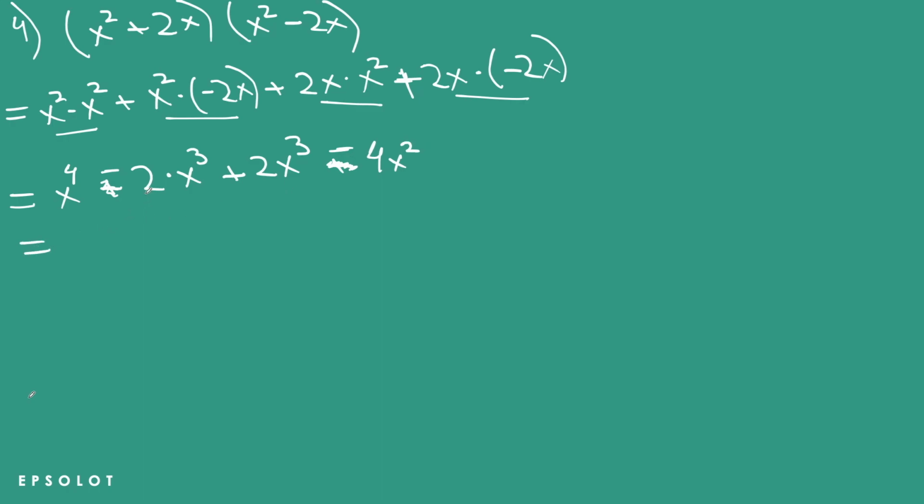Now since these two expressions are the same, but one of them is a negative and one of them is a plus, just like how plus 4 minus 4, you put them together, you get 0, they cancel each other out. So you get x to the power of 4 minus 4 times x squared. So you see, that is the expression that you end up with.